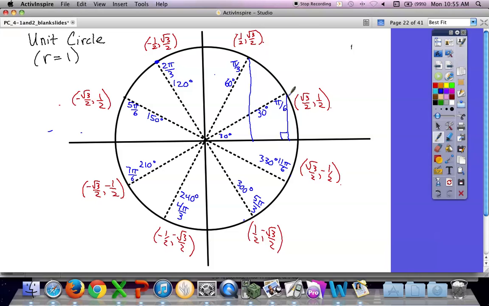If I relate this point across the circle to this point, then again the x-coordinate has to be negative because you're in quadrant 2. X is negative in the second quadrant. Y is still positive. So you can see how we spread this root 3 over 2 comma 1/2 in some order to all of these points on the circle. The only thing that changes is the order, and sometimes they're positive and sometimes they're negative.